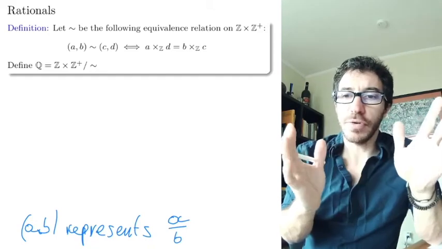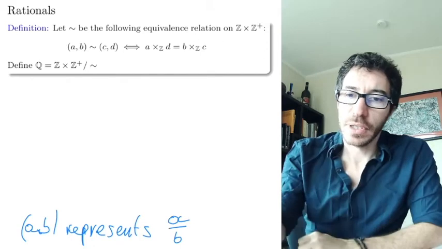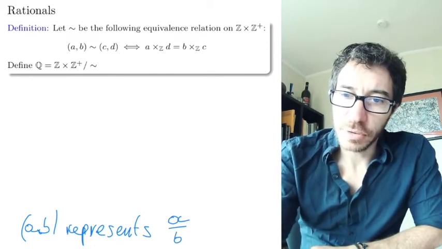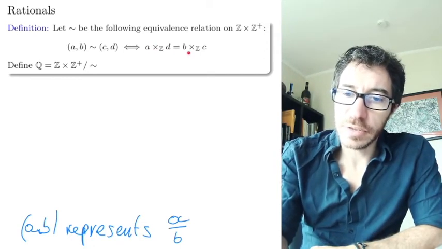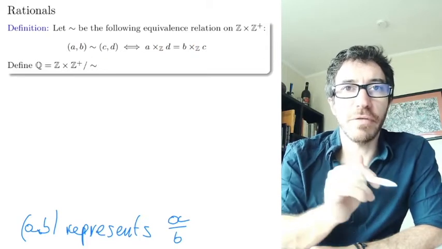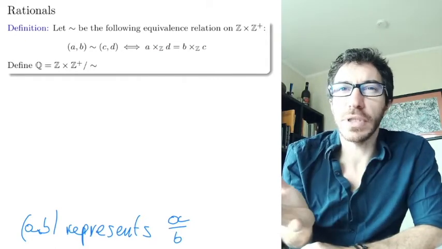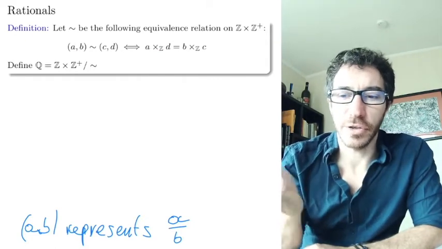So far all we have is addition and multiplication on the integers, and that's what we are using to define this equivalence relation. We don't even know what dividing means yet in set theory.